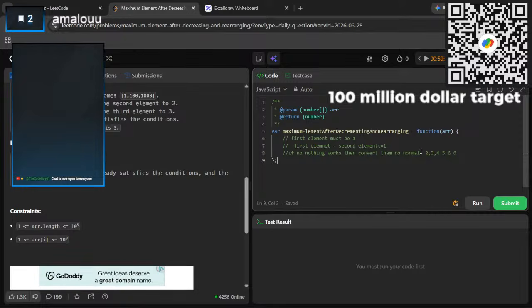If I subtract 2 with 1, I get 1. Subtract 2 with 3, I get 1 again. Subtract 3 with 4, 1 again. Subtract 5 with 4, 1 again. Subtract 5 with 6, 1 again. I think for that part it is working. Now I need to write the logic.